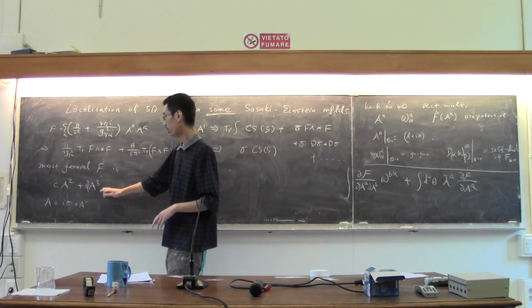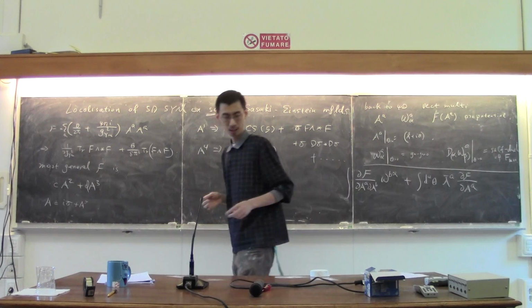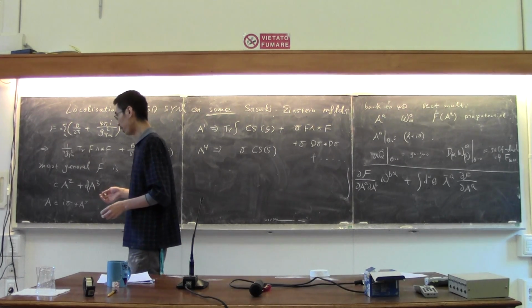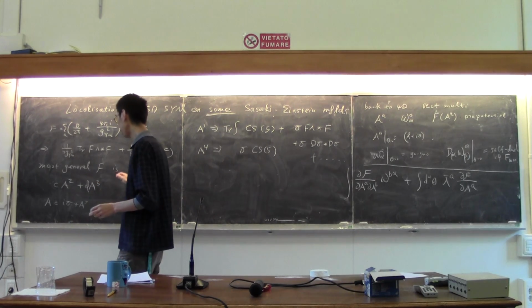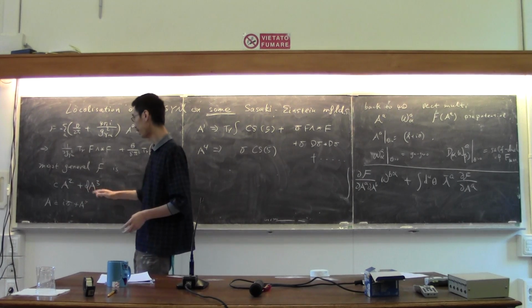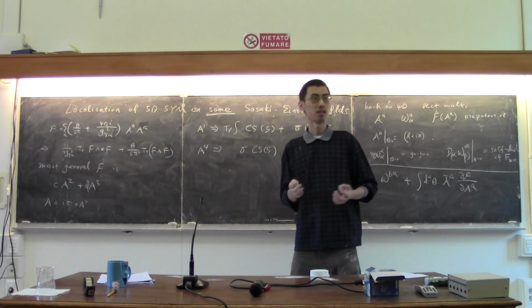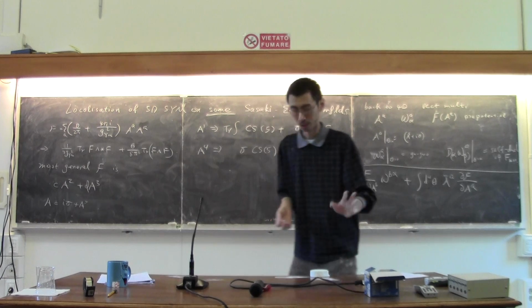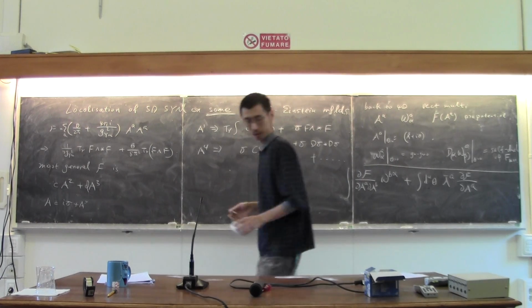In the end, once we have obtained our results from localization, we will also go back and compute in flat space to see what this coefficient is, compare it with the localization result, and get a match as a check that we're still on the right track.